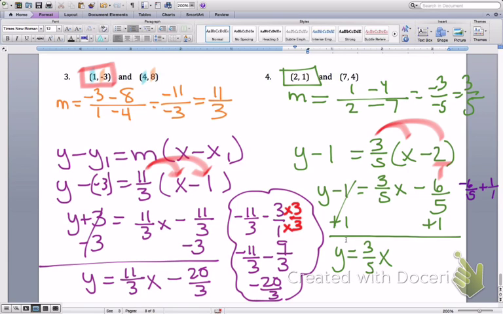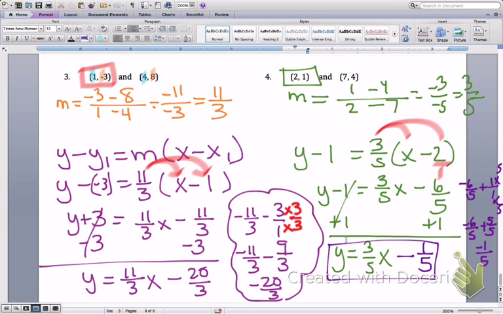I'm going to multiply this by 5 on the top and on the bottom. So I get negative 6 over 5 with 5 over 5, which is really just a 1. And if I combine those, I'm going to get negative 1 on the top and 5 on the bottom. So this is going to be minus 1 over 5. Final answer.